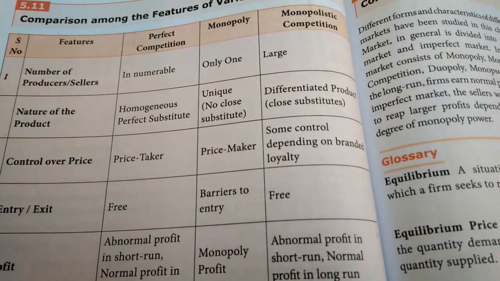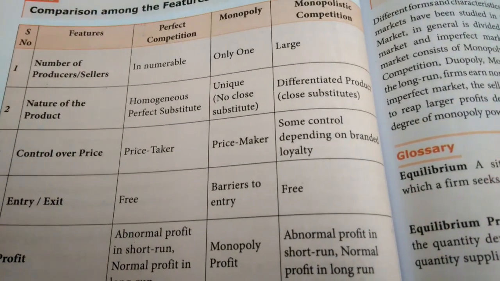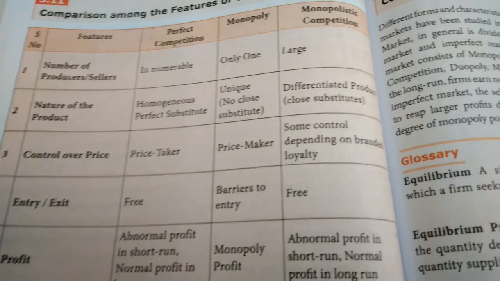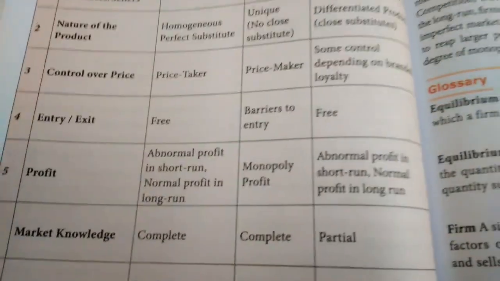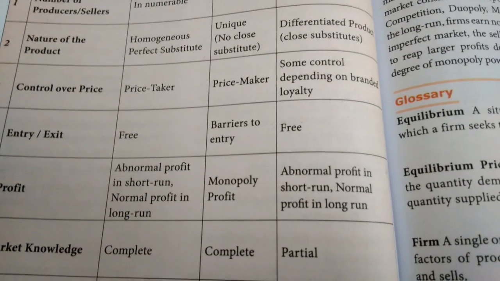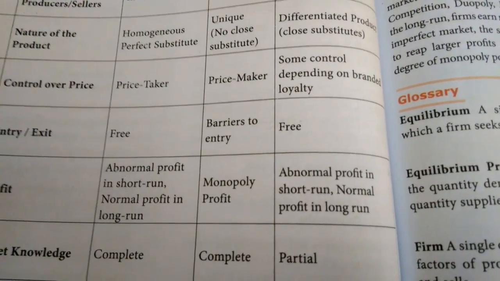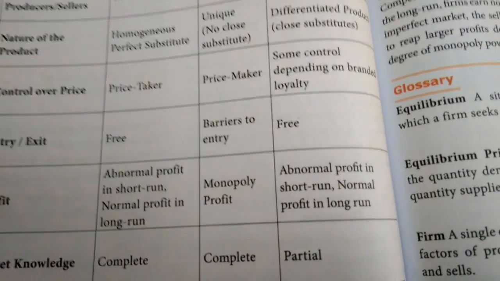But in monopolistic competition, entry and exit are very free, like perfect competition. Next, profit. In perfect competition, abnormal profit will be available in the short run and normal profit in the long run.